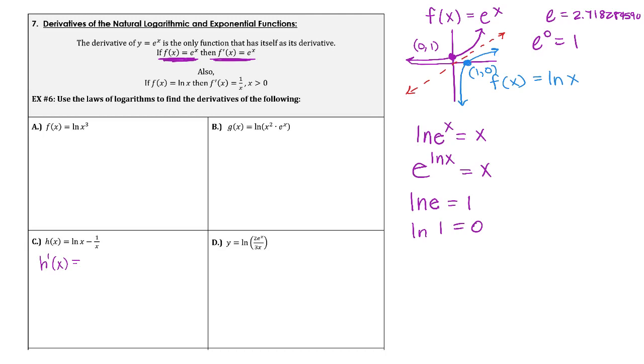Holy cow. That's it. The derivative of e to the x is e to the x. What does it tell you that the derivative of the natural log of x is? 1 over x. So for the derivative of natural log of x, the ln just goes completely away. So it's just 1 over x.